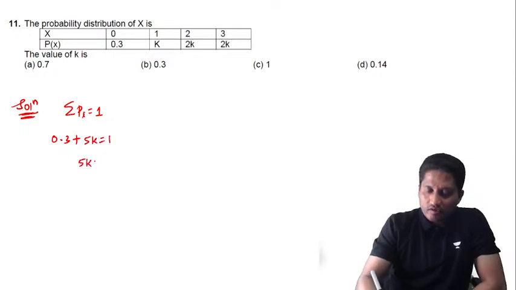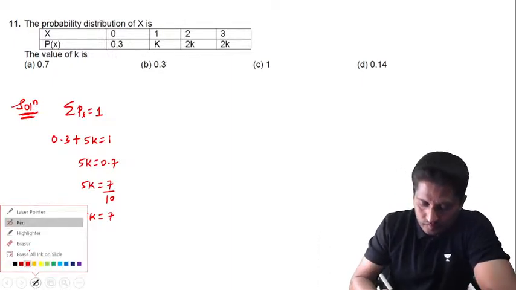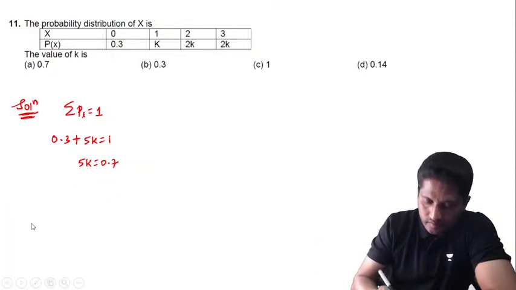You get 5k is equal to 0.7. 5k is equal to 7 by 10, right?